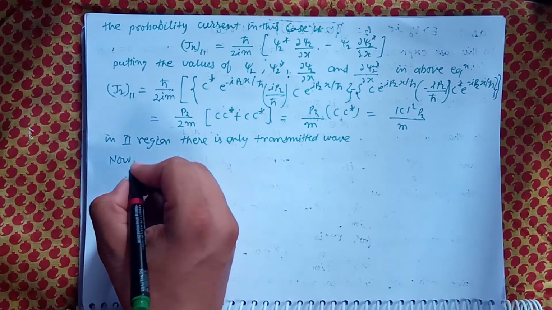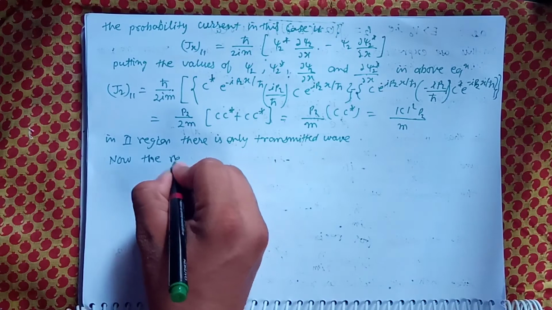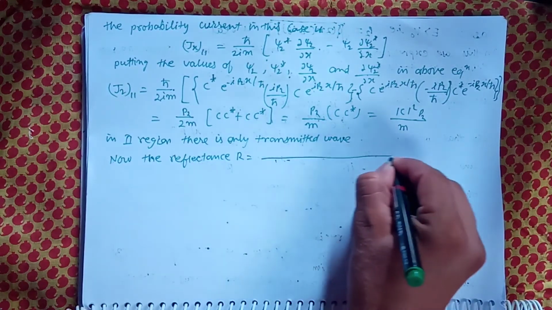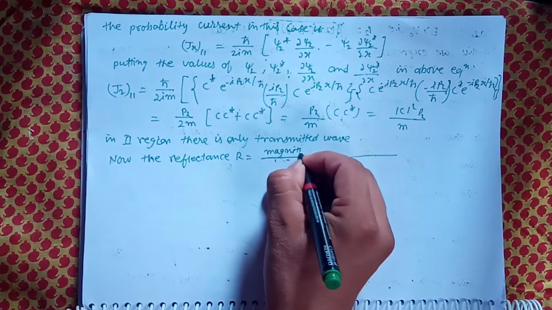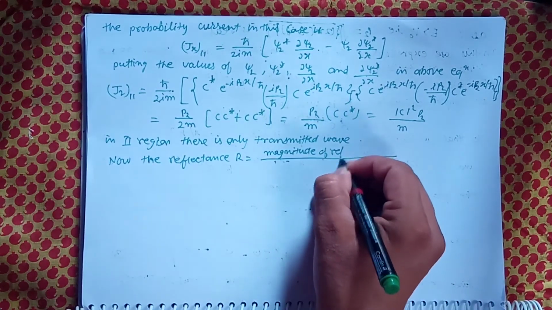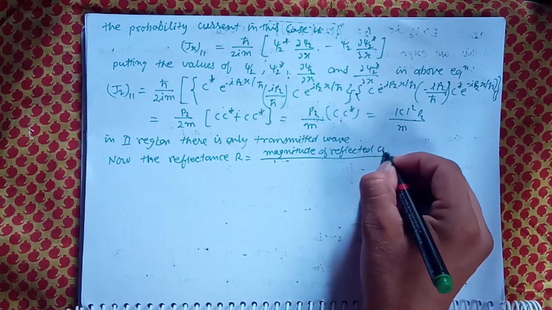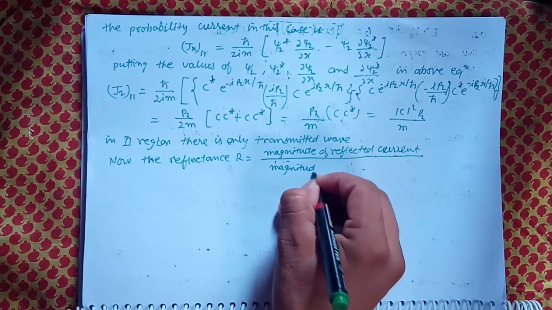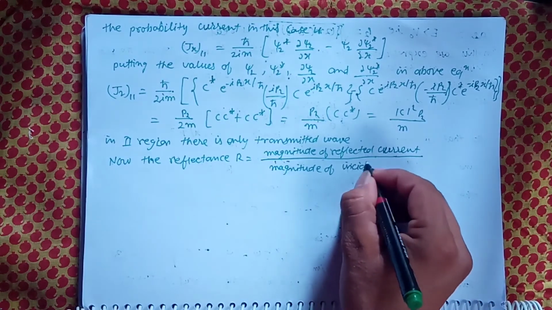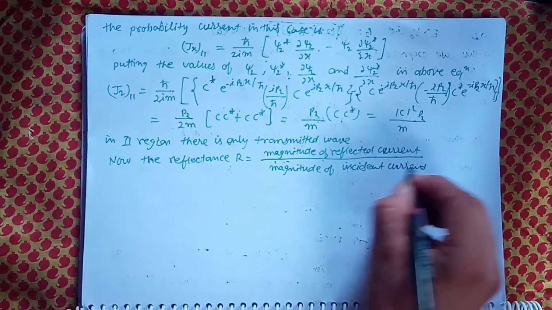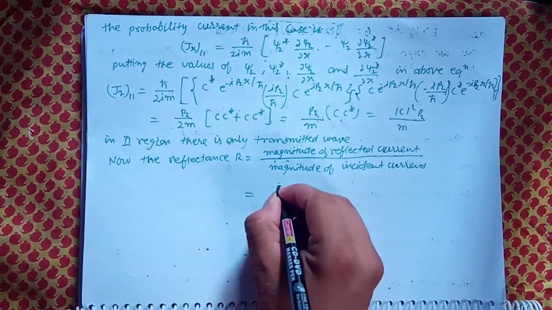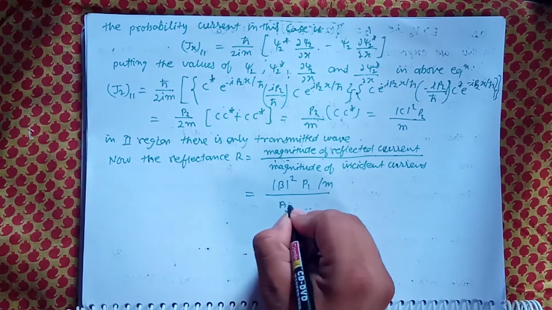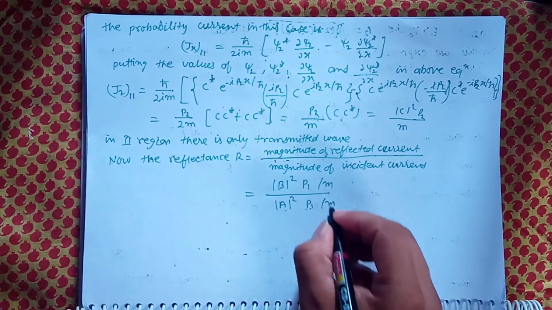Now the reflectance R is equal to magnitude of reflected current over magnitude of incident current, that is mod of B square p1 over m over whole mod of A square p1 over m.